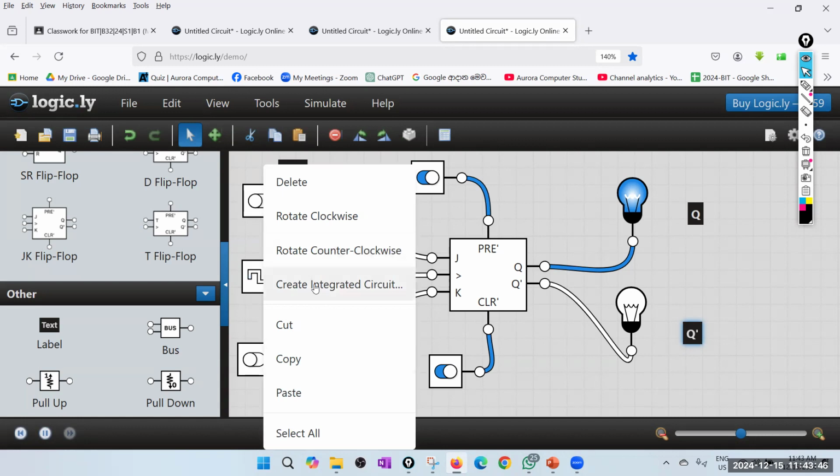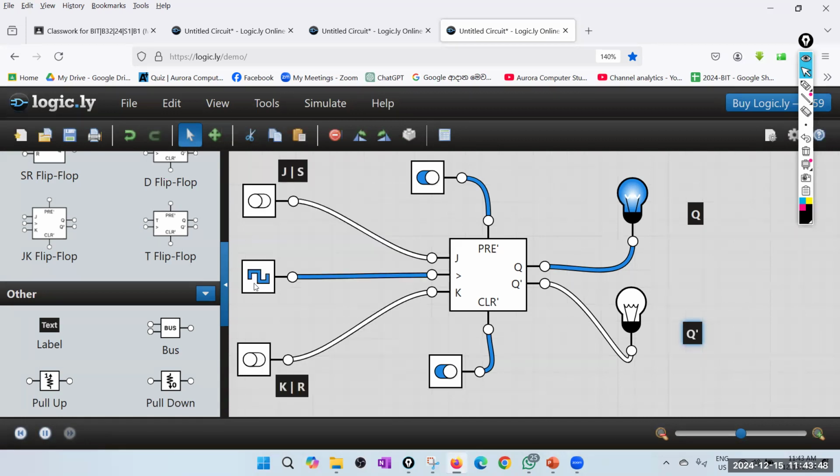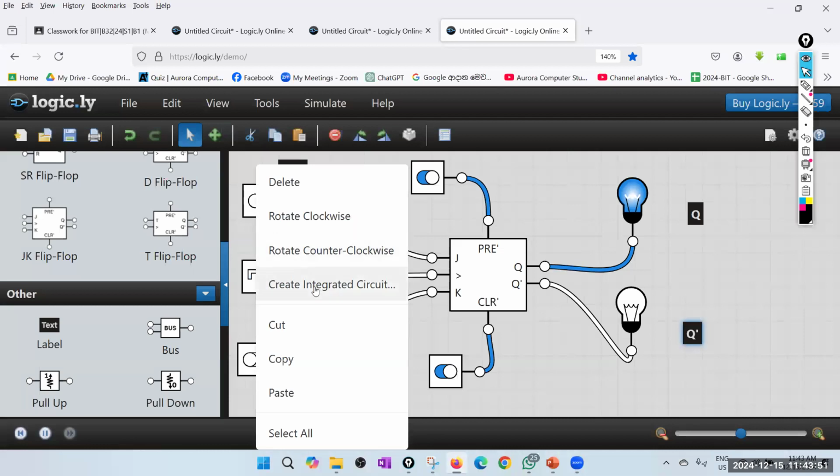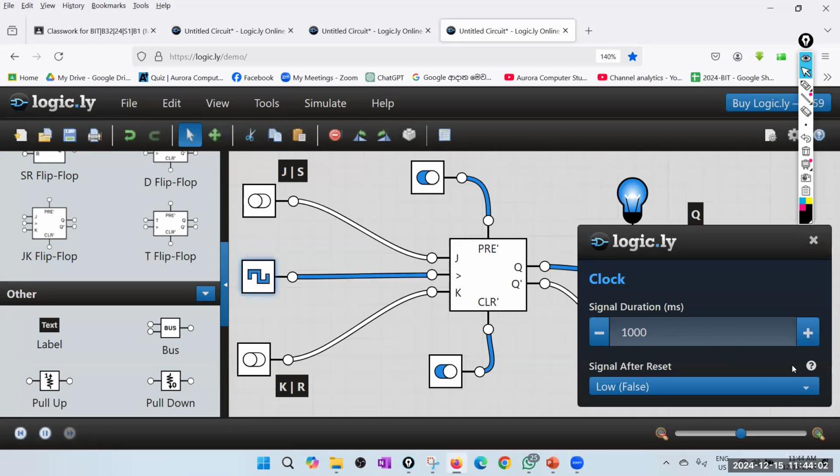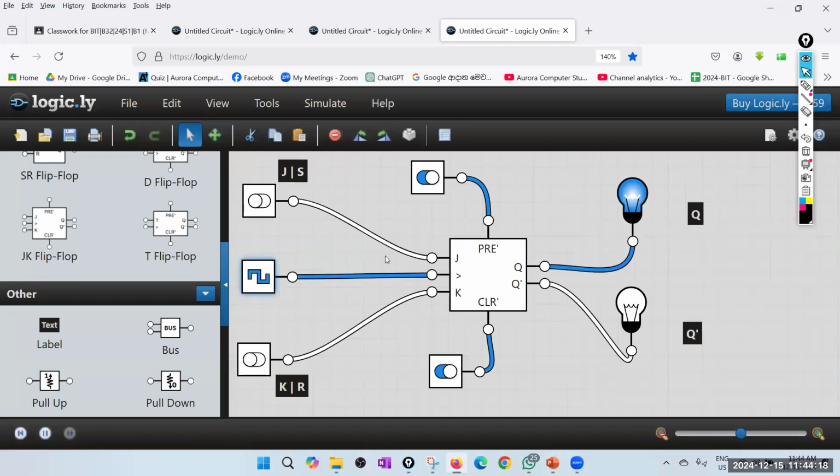Let's see whether I can change the clock pulse rate. Yes. So I can make it low, small. I'll make it 5,000 so that we can see it better. Can I make it a bit better?